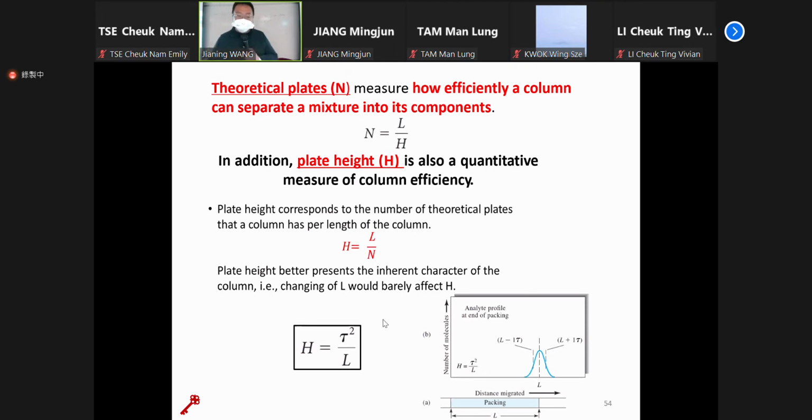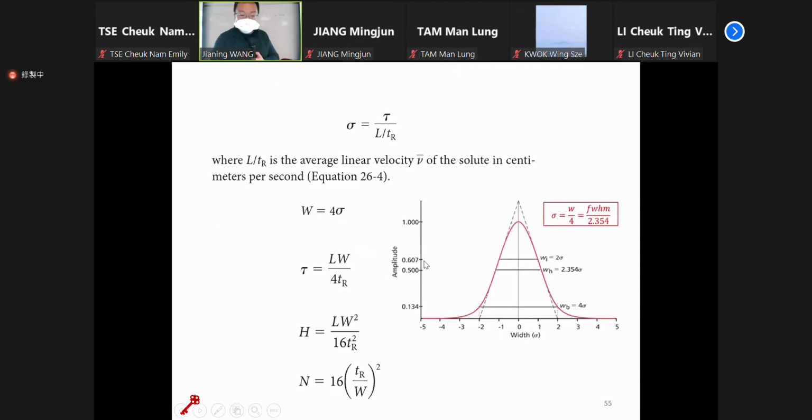between time and plate height. So we still need to get time-dependent information. The sigma here is also a mathematical definition. It's one standard deviation of peak width when the peak follows the Gaussian distribution.